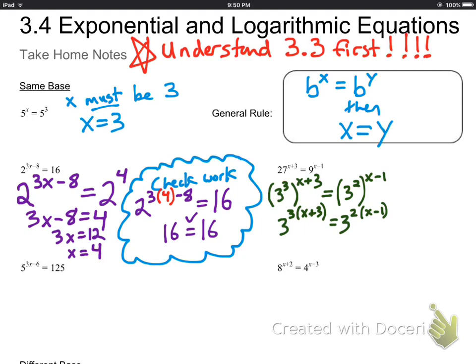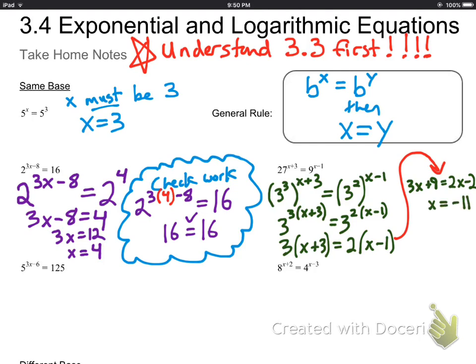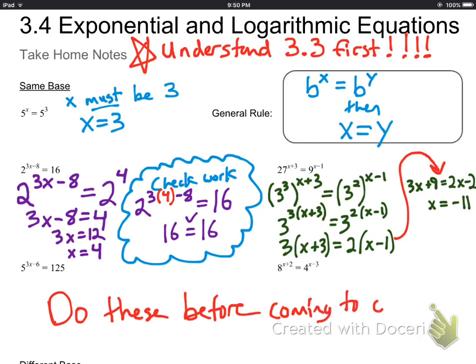So that means those exponents are equal, and after a little bit of distributing and just rearranging the equations, you get x equals negative 11. Okay, and you can check it the same way. I don't do that here, but I would highly recommend that you do it. So go ahead and do these next two down here before coming to class. I'd recommend trying them now while the examples are fresh in your mind.